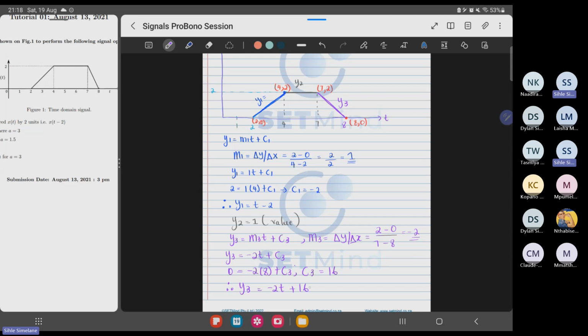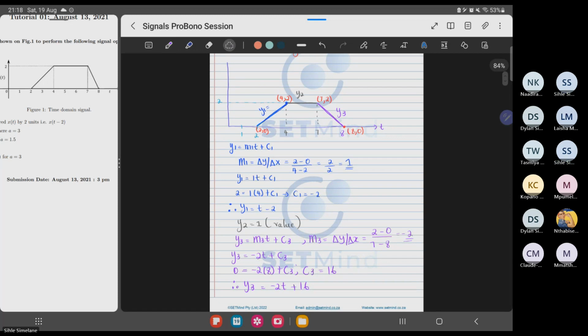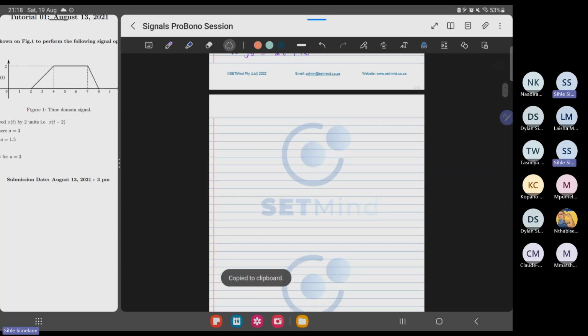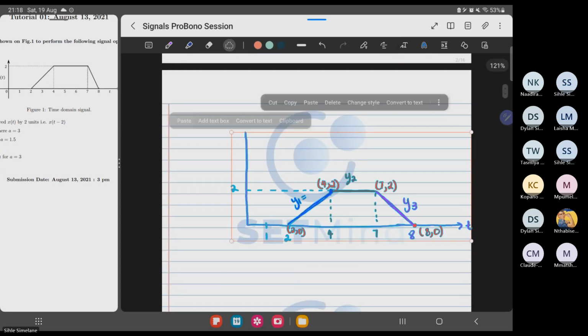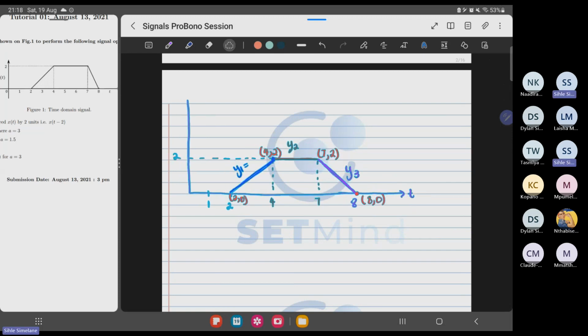So I now have all my equations. Now I need to write the final expression in terms of the unit step function. So let's copy this here and paste it here on the next page.